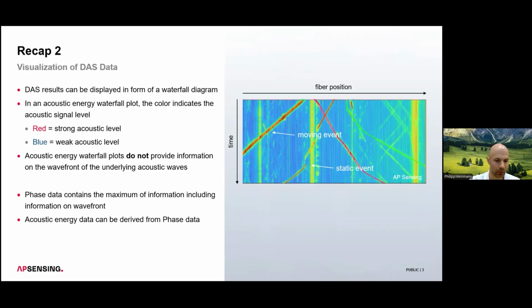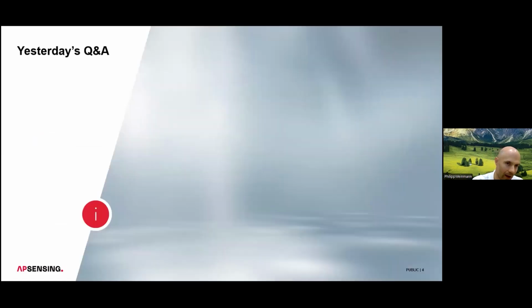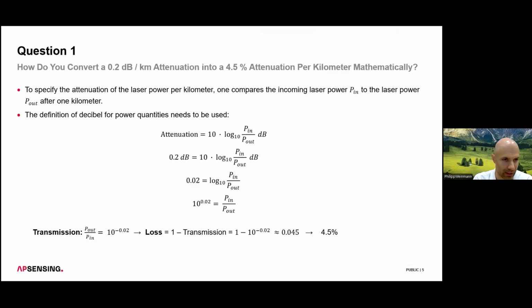They not only want to know is something going on, but they want to know the details of what is going on. So these are the key points we discussed yesterday. At the end of the presentation, there were two questions where I said it makes sense if I prepare two slides to discuss them better. That's why I will do this right now.